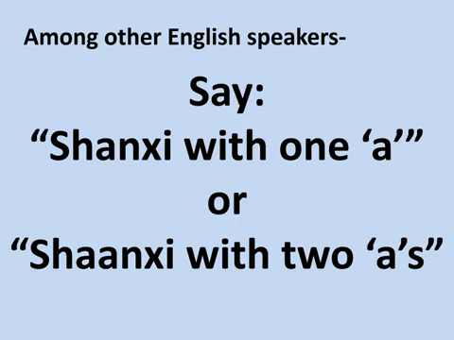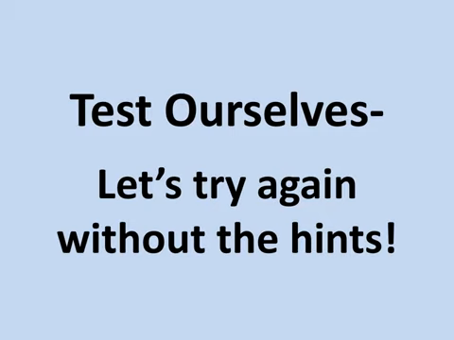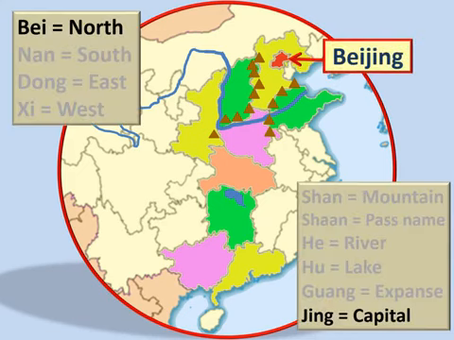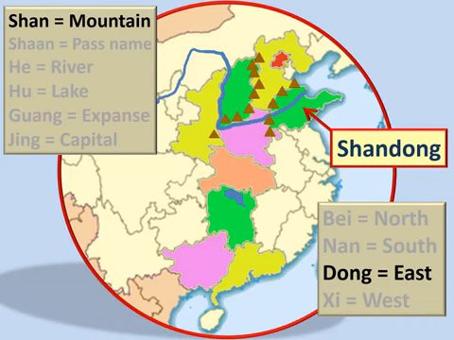Okay, let's test ourselves again, this time without the hints. What's the name of this city? 北京. What's the name of this province? 山东.